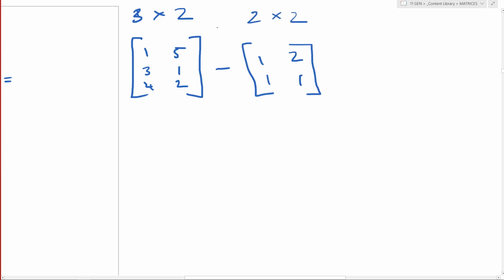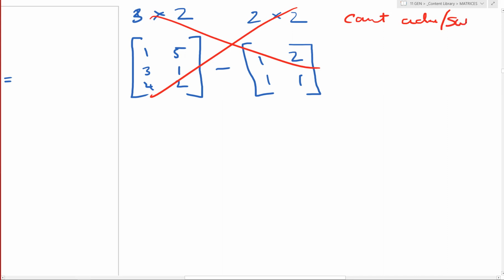They have to have the same order. So this matrix here can't be done, because you can't add them or subtract them, because they're not the same order. It has to be the same exact order.